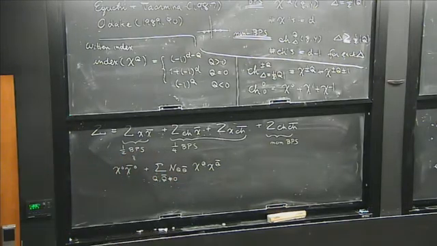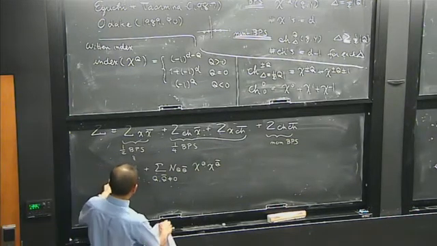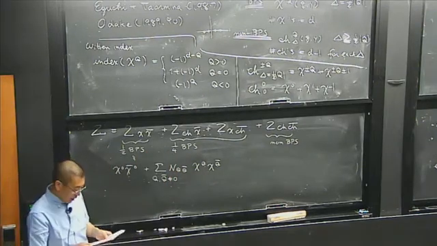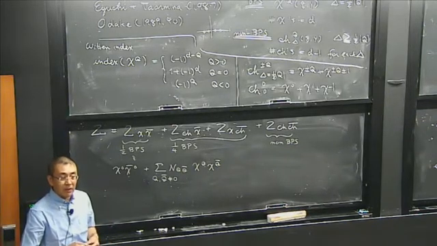Now, if you assume that the N equals 2 extended chiral algebra is the largest chiral algebra you have for your theory, then you cannot have cross-terms between the vacuum representation and other non-trivial representations. I'm going to assume that for now, although I can relax this assumption and still get a similar result.